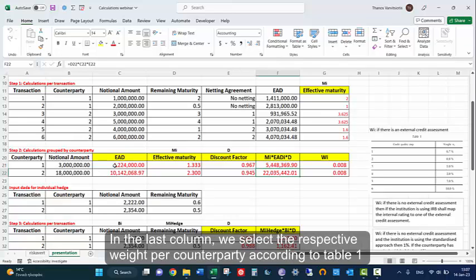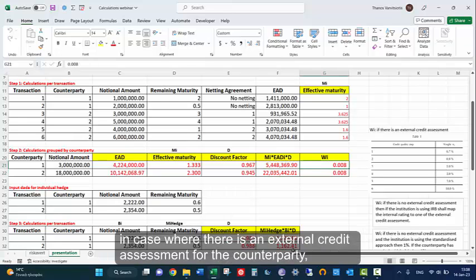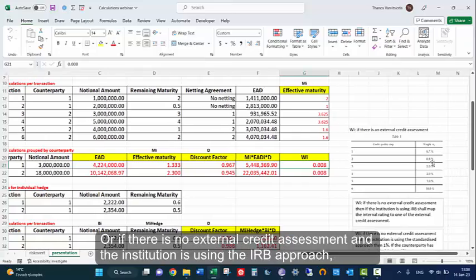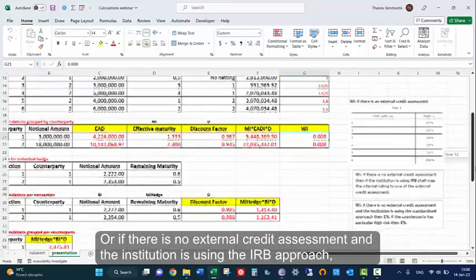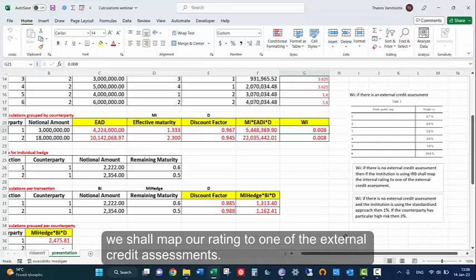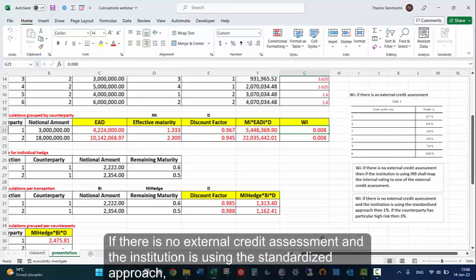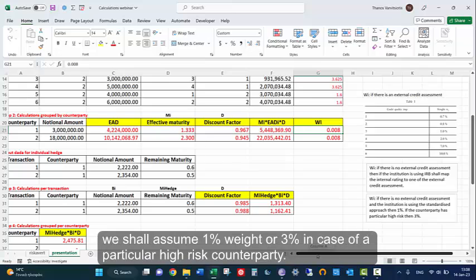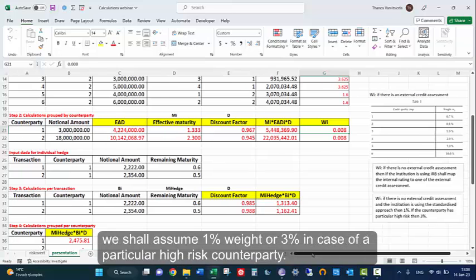In the last column, we select the respective weight per counterparty according to Table 1 in case there is an external credit assessment for the counterparty, or if there is no external credit assessment and the institution is using the IRB approach, we shall map our rating to one of the external credit assessments. If there is no external credit assessment and the institution is using the standardized approach, we shall assume 1% weight, or 3% in case of a particularly high-risk counterparty.